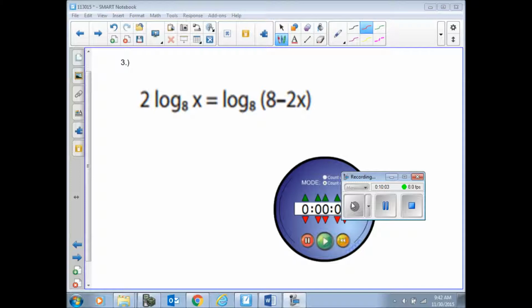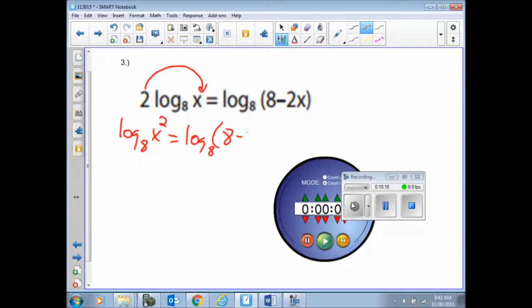Okay, so when we have the 2, we can actually put it right here, right? So now we have log base 8 of x squared equals log base 8 of 8 minus 2x. All right, now we have log base a of something equals log base a of something, because we have the same bases.